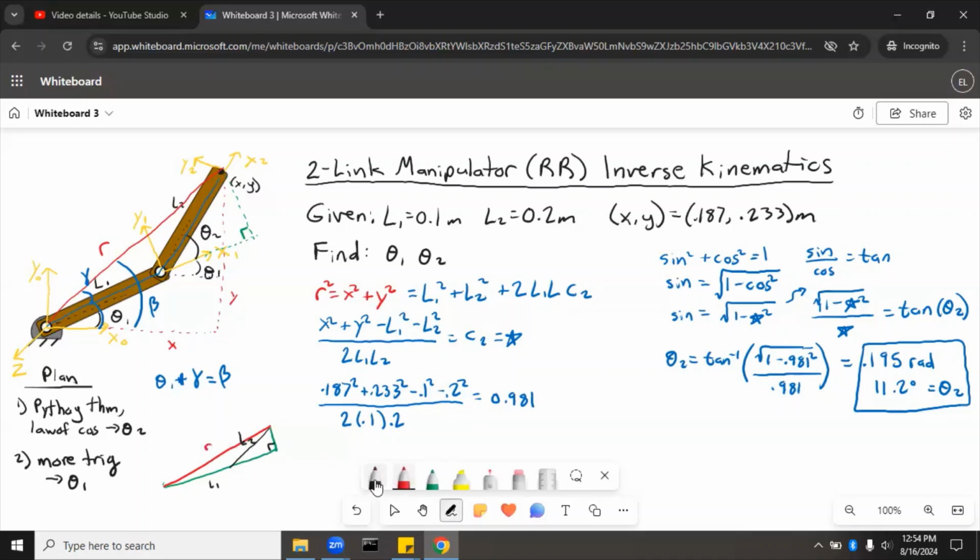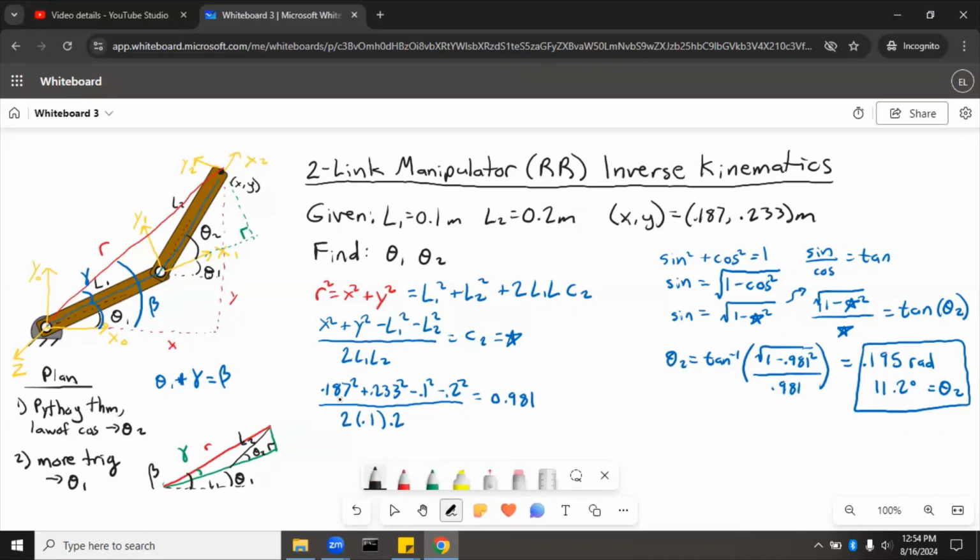And then down here is theta 1, and this one is theta 2. That green triangle is what we're going to solve for to get gamma, and beta is both of those together.